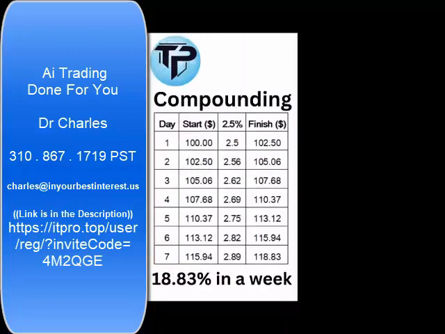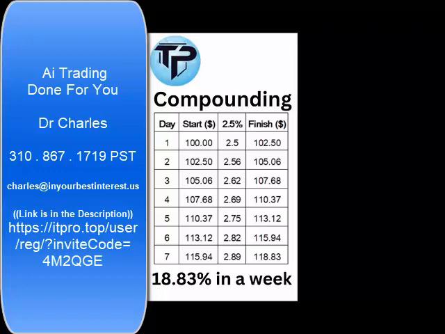Now, let's say on day 1, for example, you start with the minimum amount, $100. On day 1, you make 2.5% of that, you've just made $2.50, in USDT. Now, when the day finishes, you'll be on $102.50.